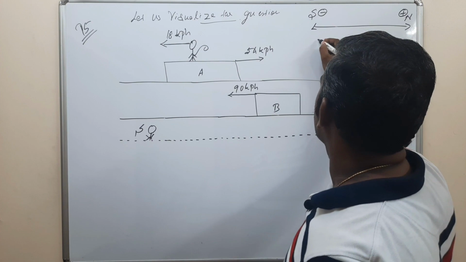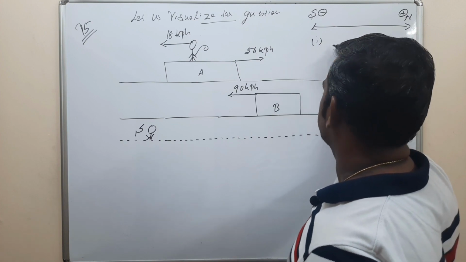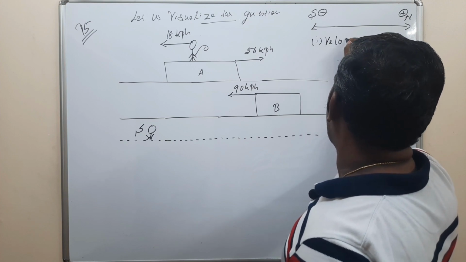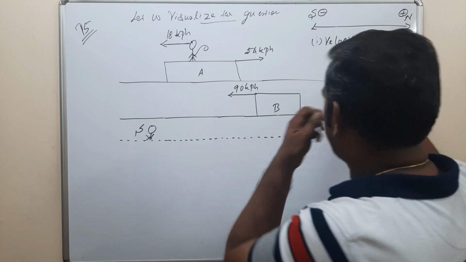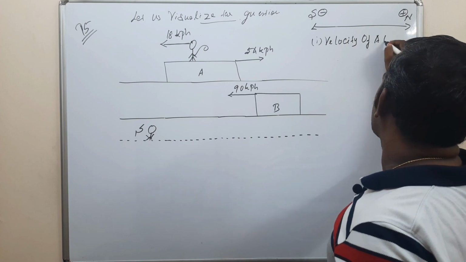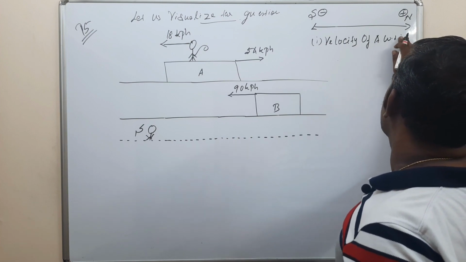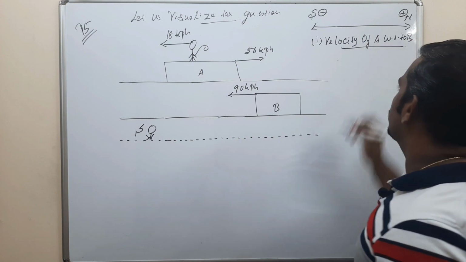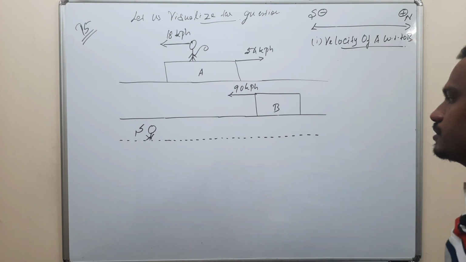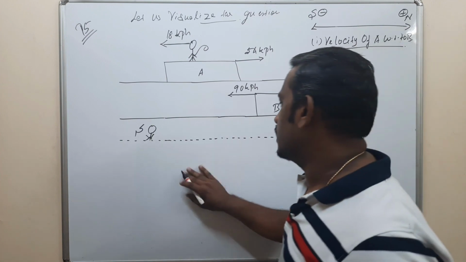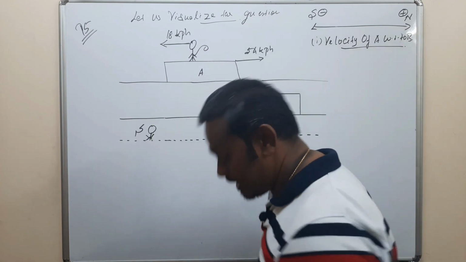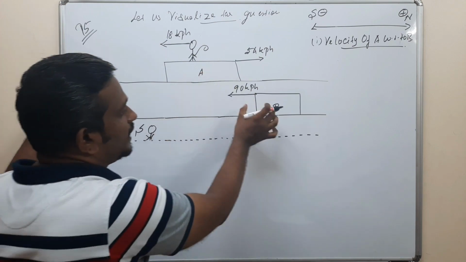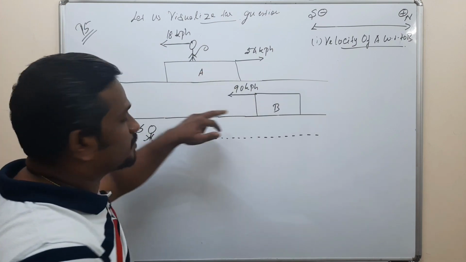First, we have to find the velocity of A with respect to B. These speeds of A and B are with respect to the ground only.